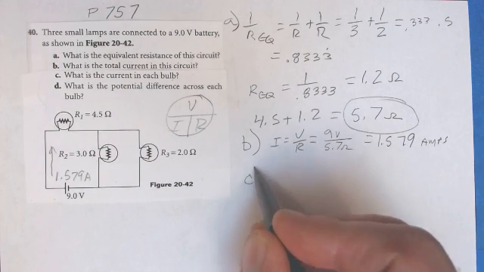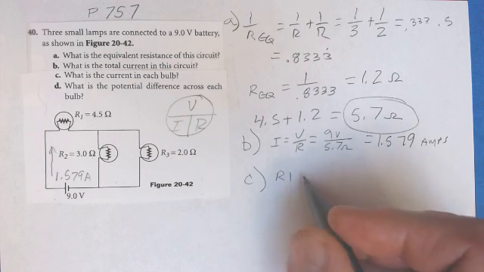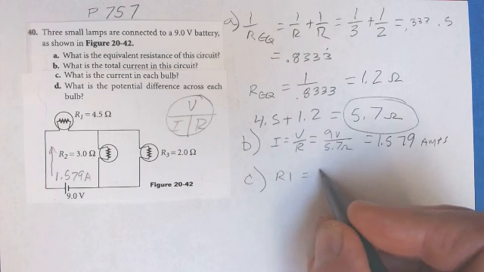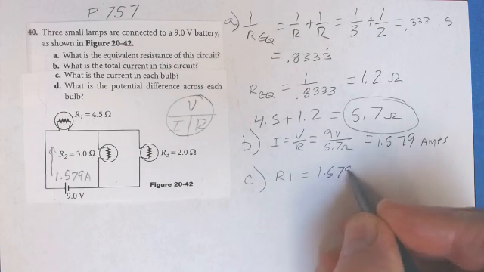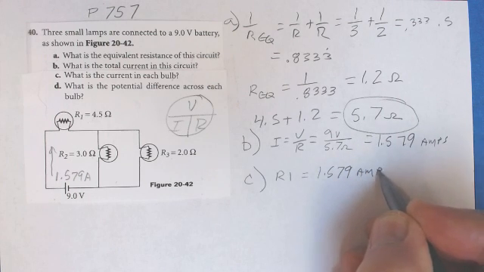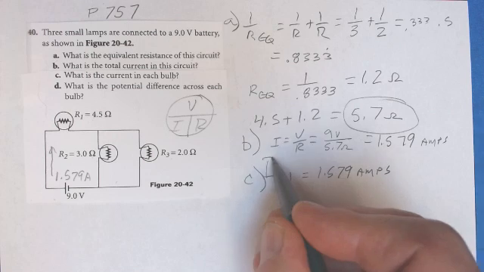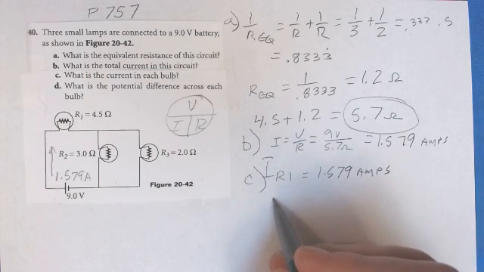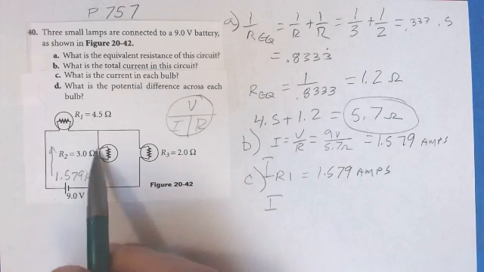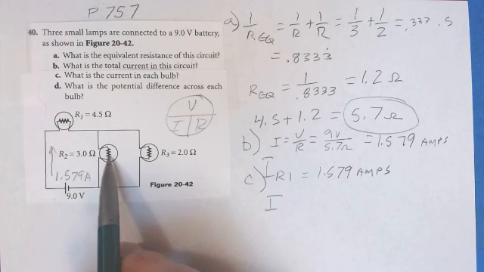Okay, so R1 equals 1.579 amps. That would be I sub R1. I sub R2 here, that's this bulb.